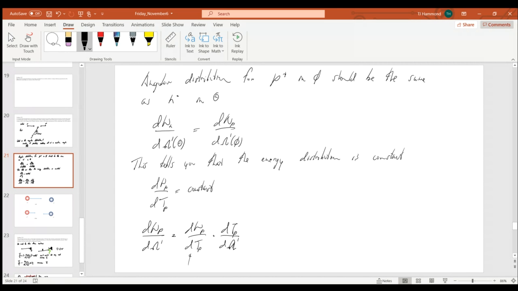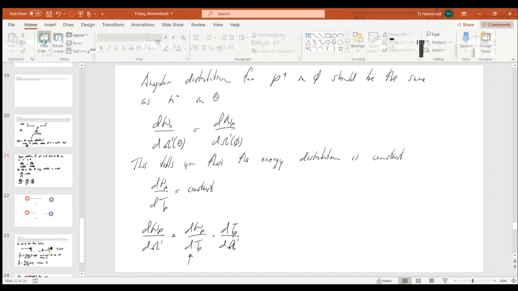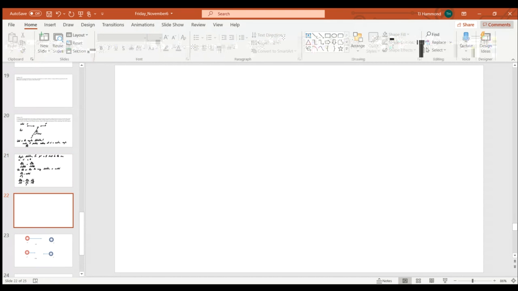So this we know is going to be some constant. And so what we need to do is calculate dT_p by d omega prime.